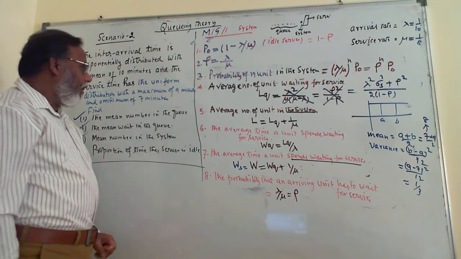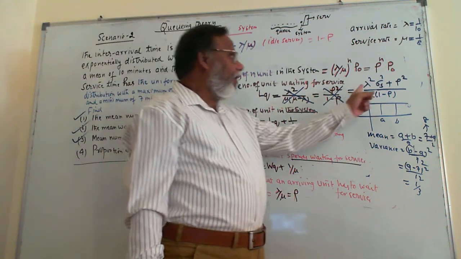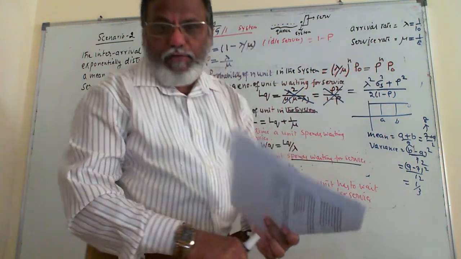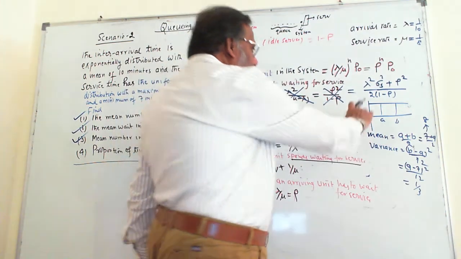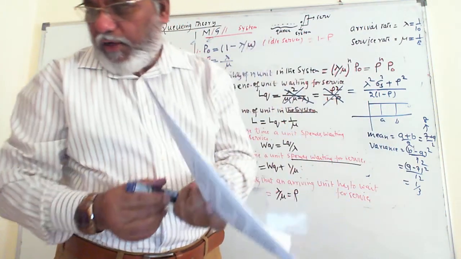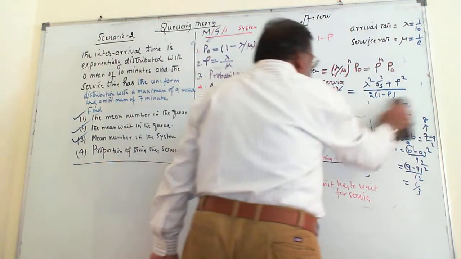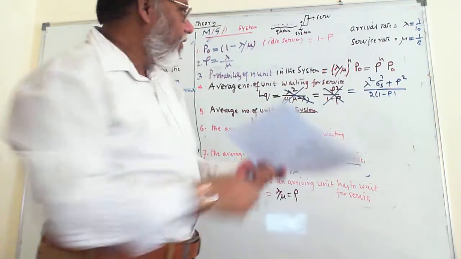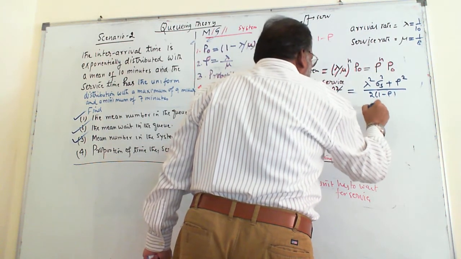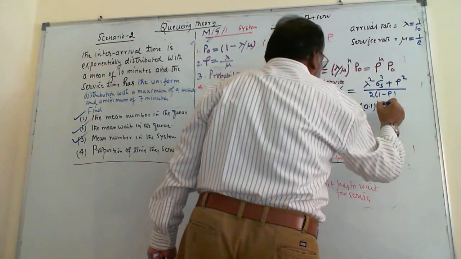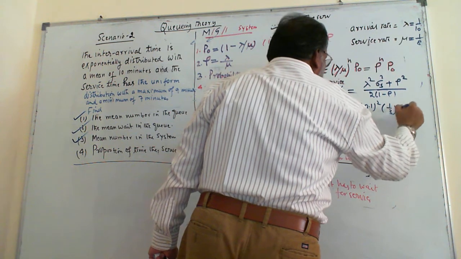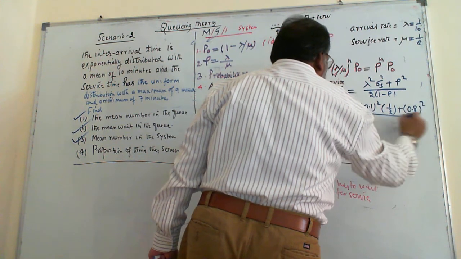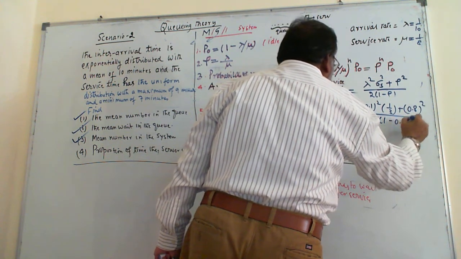The mean number in the queue, LQ, will now be calculated by putting the values in. The calculation is: lambda 0.1 squared, times sigma s squared, which is the variance 1/3, plus rho, which is 0.8, squared, divided by 2 into (1 minus 0.8).